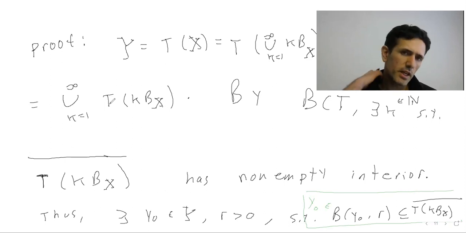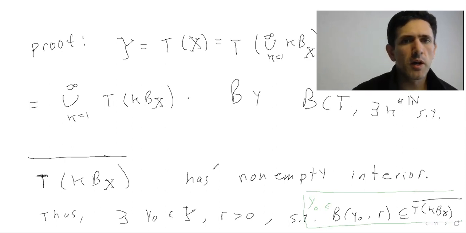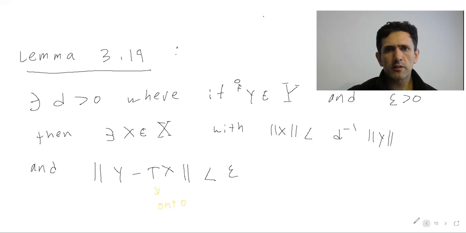K and R just come from the Baire category theorem. It has nothing to do with little y, nothing to do with epsilon. So it depends on big X, big Y, and T. Okay, so we have this lemma here.